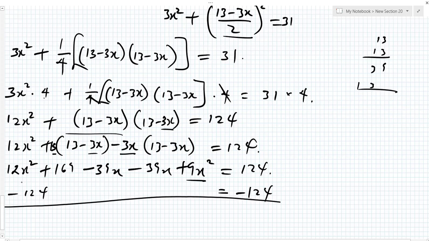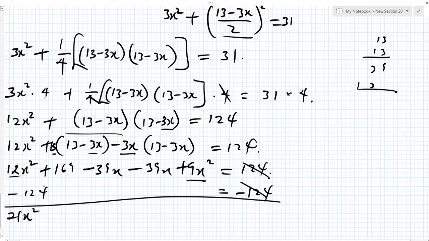Now I will also add the like terms, add minus 124. This one will cancel out this. Now the like terms here are this and this. So this will give us 21x squared.